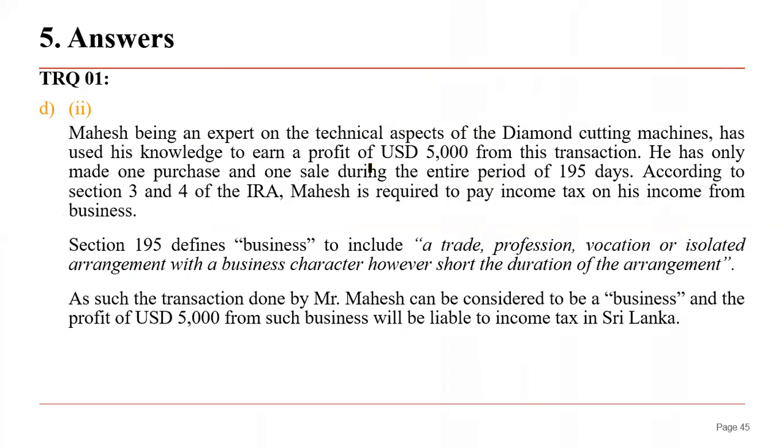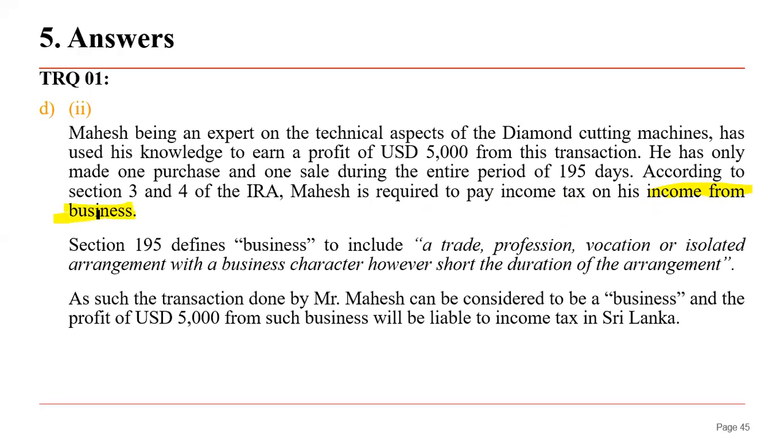He has only made one purchase and one sale in the entire period of 95 days. Accordingly, under Section 3 and Section 4 of the IRA, Mahesh is required to pay income tax on his income as business income. Previously, 3,000 was employment income. Now it is business income.